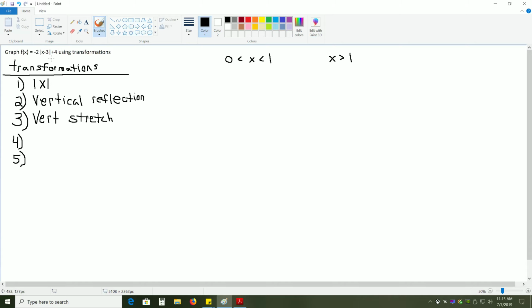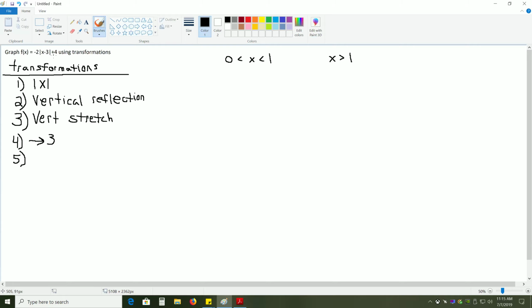Whenever you have a minus inside of your function, that means you're going to shift opposite. You're going to shift to the right. So the entire graph gets shifted to the right 3 because of that minus. If it were a plus, then we would shift the entire graph to the left 3. But because it's a minus, we go to the right.